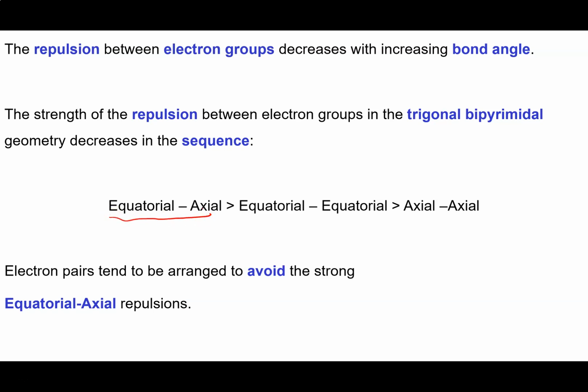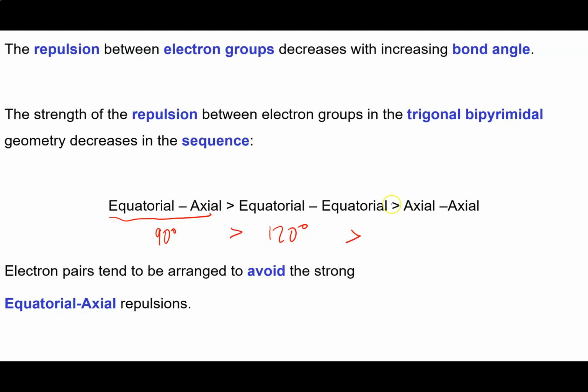The strongest repulsion will be between equatorial and axial groups because the bond angle there is 90 degrees. Between equatorial groups, where the bond angle is 120 degrees, we're going to have modest repulsion.